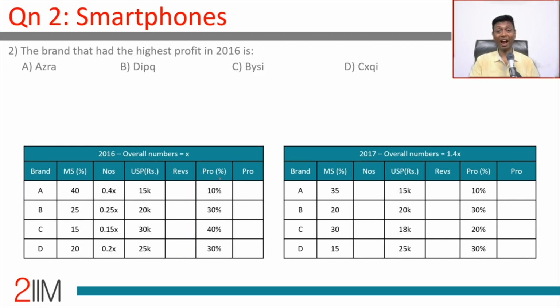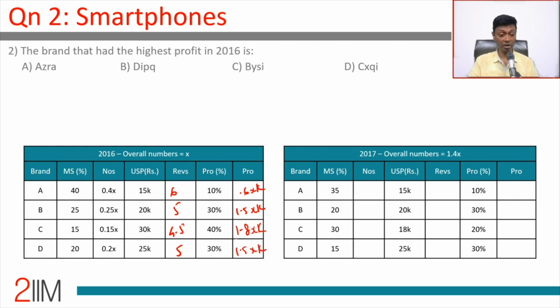The brand that had the highest profit in 2016. So this is 6, 5, 4.5 and 5. I'm just copying down the same number. Profit would be 0.6XK, 1.5XK, 4.5 into 40%, 1.8XK, 5 into 30%, 1.5XK.